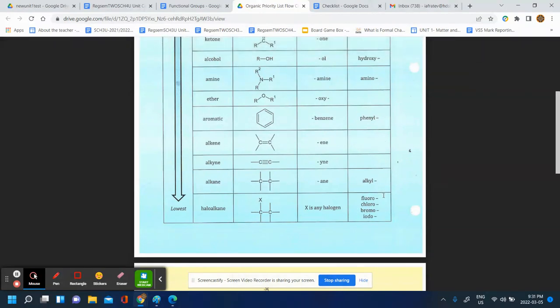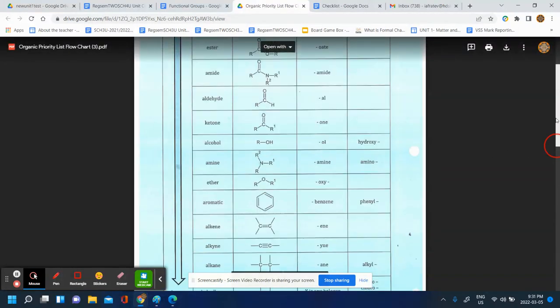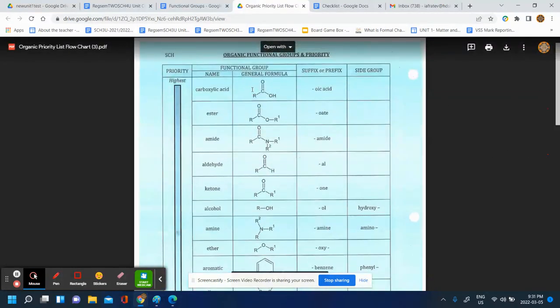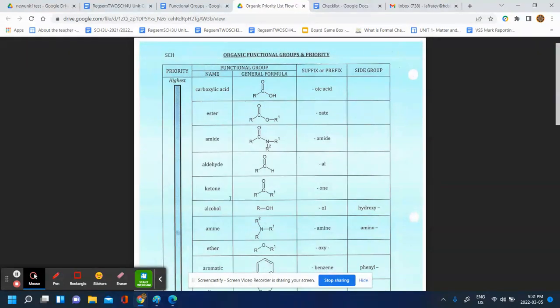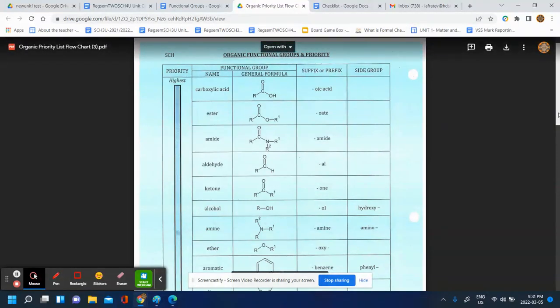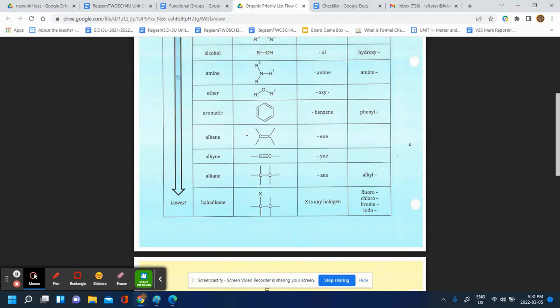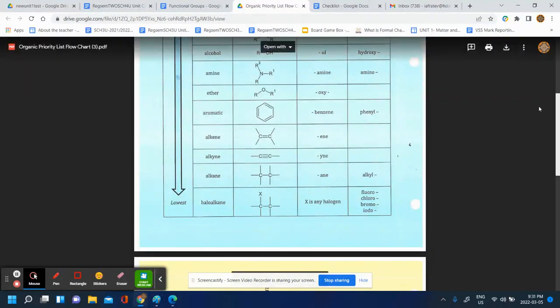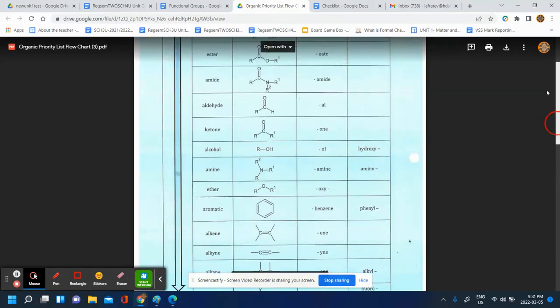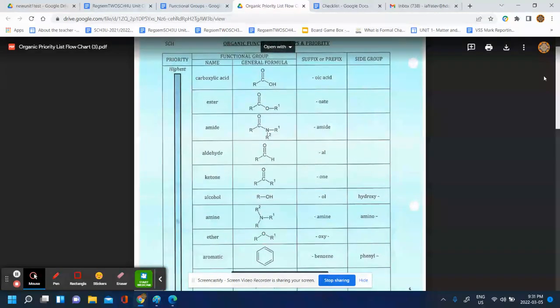So do keep that in mind. But again, here you can see our priority list. Carboxylic acid takes the highest priority, followed by ester, amide, aldehyde, ketone, alcohol, amines, ethers, and then aromatic compounds, alkenes, alkynes, alkanes, and then haloalkanes. So you need to follow this priority list when you're trying to decide how to classify molecules, especially if you see multiple functional groups on a molecule.